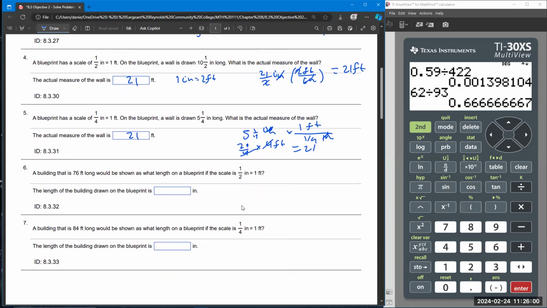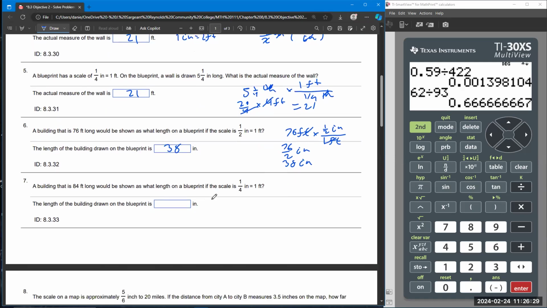A building that is 76 feet long would be shown as what length in a blueprint, where the scale is 1/2 inch is 1 foot. So 76 feet times 1/2 an inch per 1 foot. Feet will cancel. 76 over 2 inches is 38 inches.